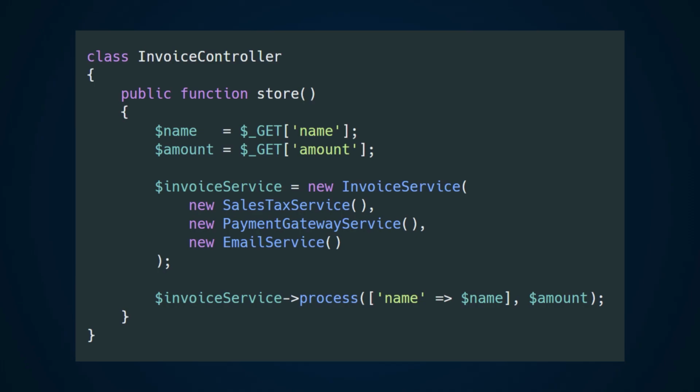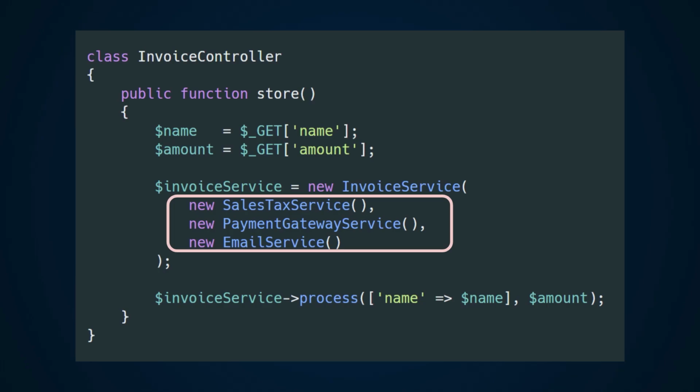The store method is where we need the object of the invoice service class because we need to process the invoice. So we're creating a new object of the invoice service class here, but because we have to pass down the dependencies manually, we're also creating these dependencies and passing them down. So do you see the problem here? While the invoice service class is loosely coupled and uses dependency injection, the controller is tightly coupled and we're still hard-coding the dependencies.